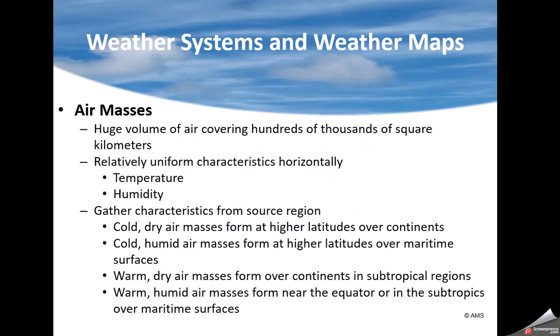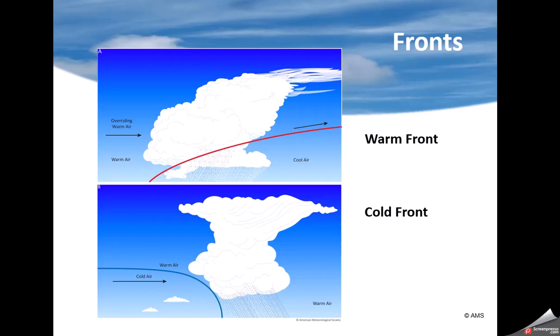We just talked about air masses being over a large volume. Interestingly, warm air doesn't weigh as much as cold air. Well, that means it kind of floats over top of cold air. So if I have a warm front approaching you, the warm air is actually going to come in first, aloft, before it actually reaches you at the ground.